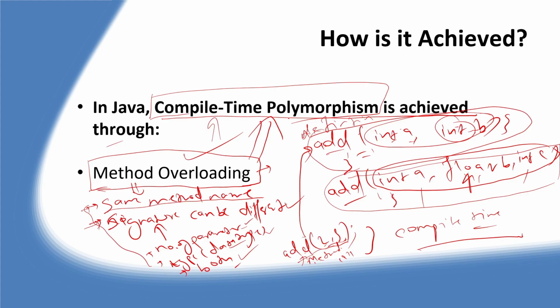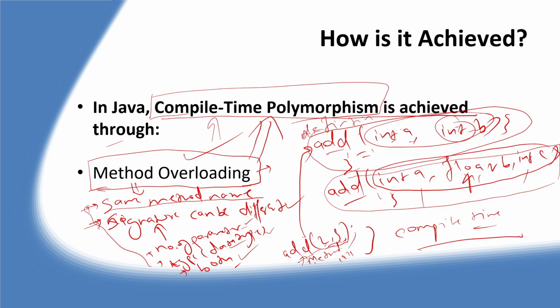Compile time polymorphism is a type of polymorphism where the compiler decides which method to execute before the program runs. Since the decision is made during compilation, it is called compile time polymorphism.